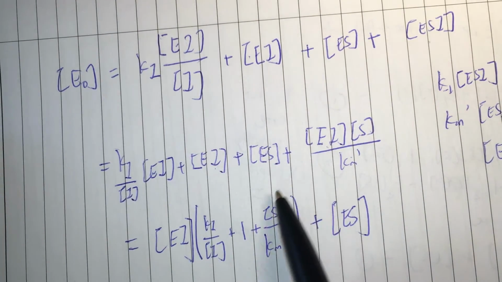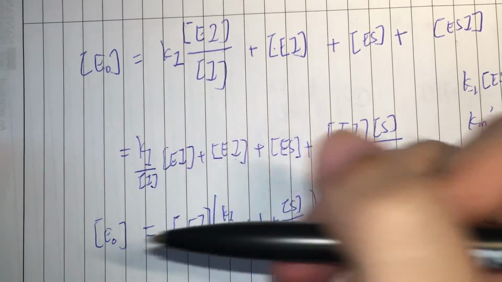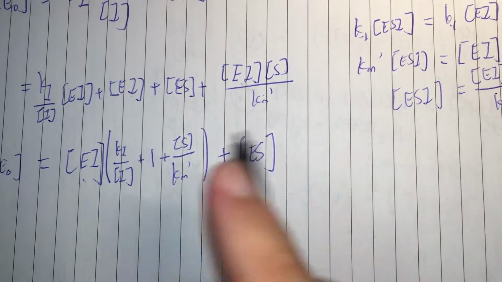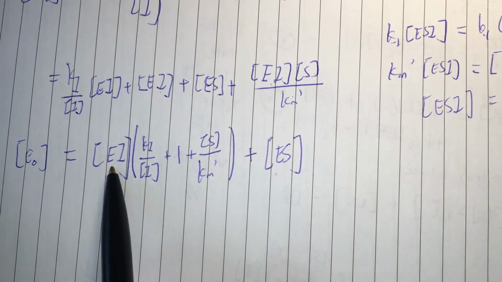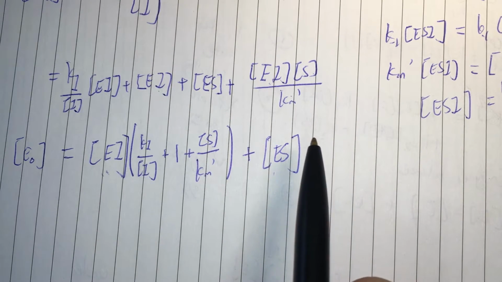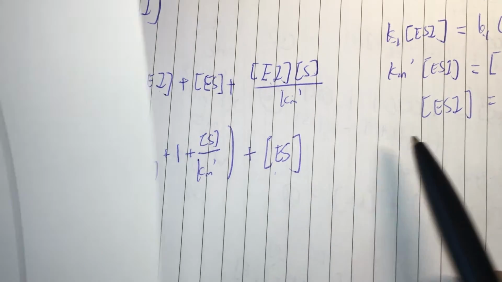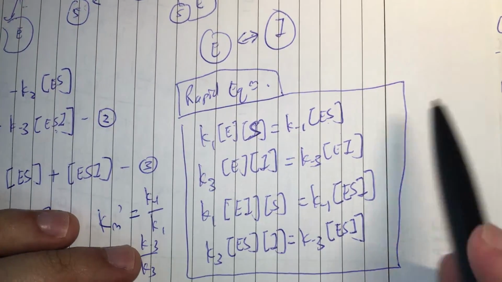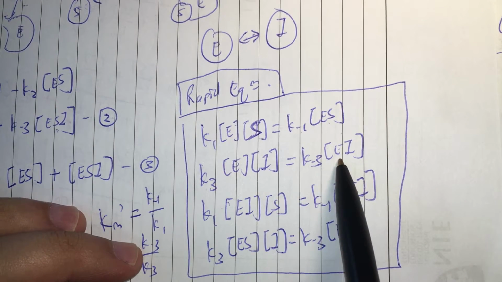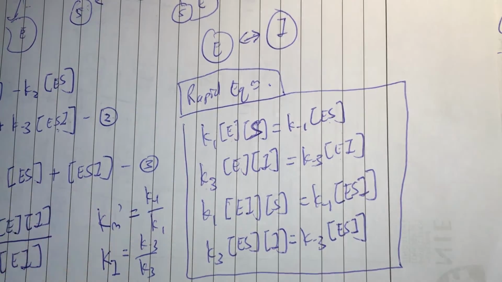So now we are down to this term, which we'll need to get rid of. Is there any equation connecting these two? I want this in terms of this. Let's take a look back at our equations. We have this equation connecting the EI to E, and this equation connecting E to ES.